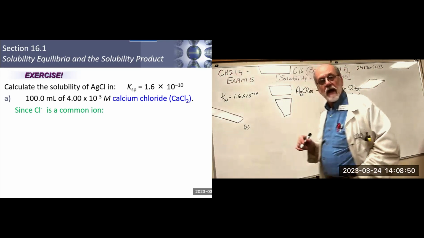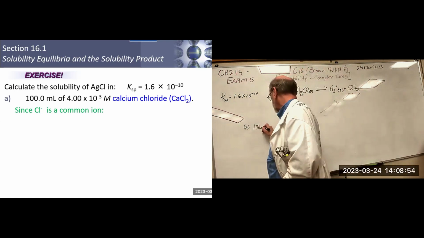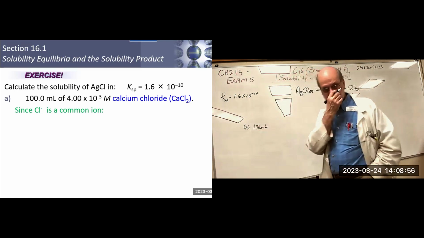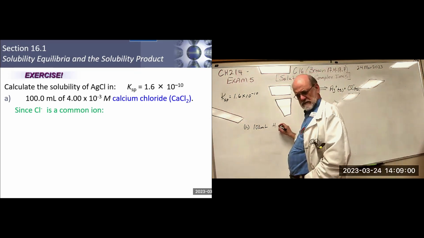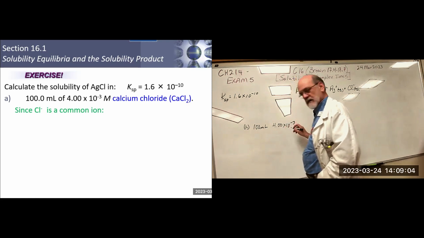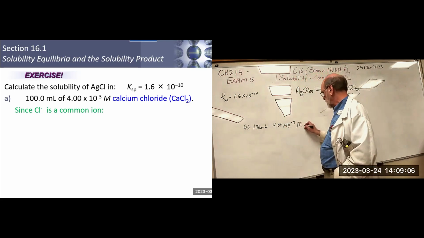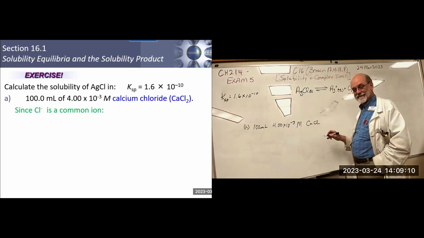Yep. 100 milliliters of 4.00 times 10 to the minus third molar calcium chloride. Okay.